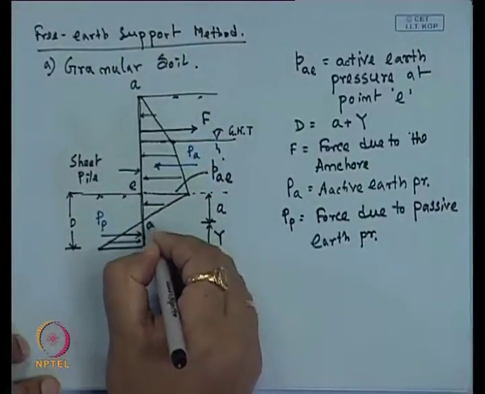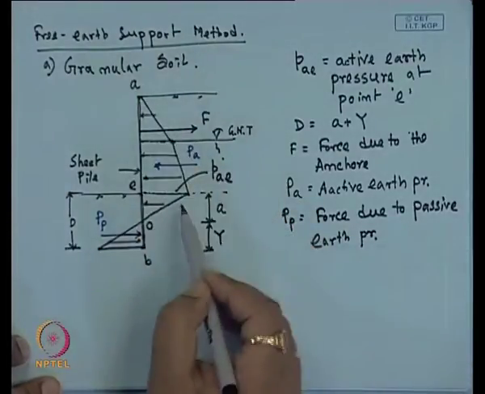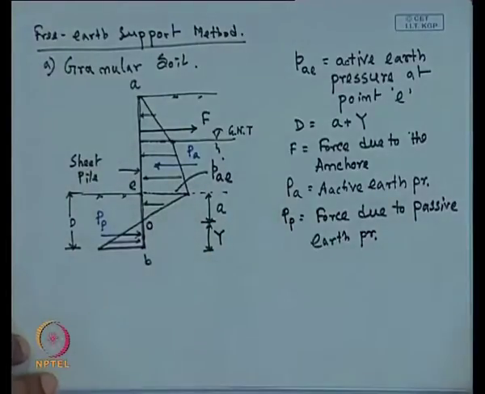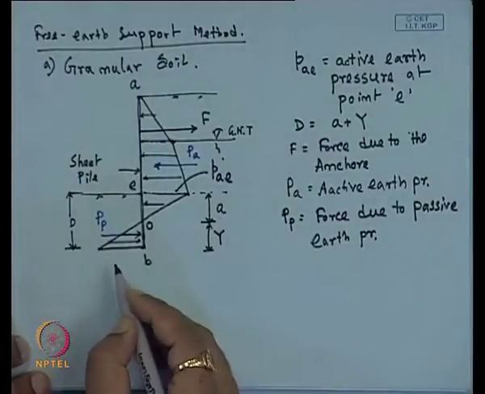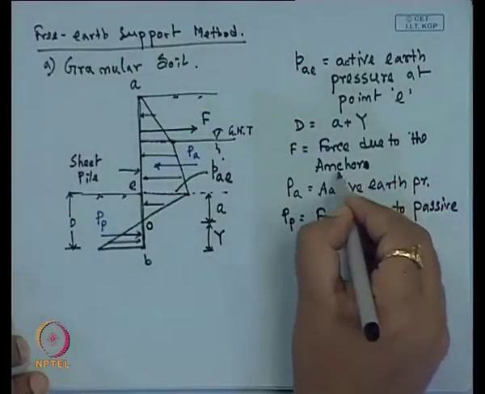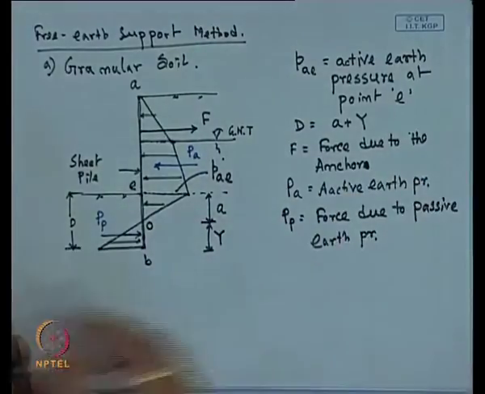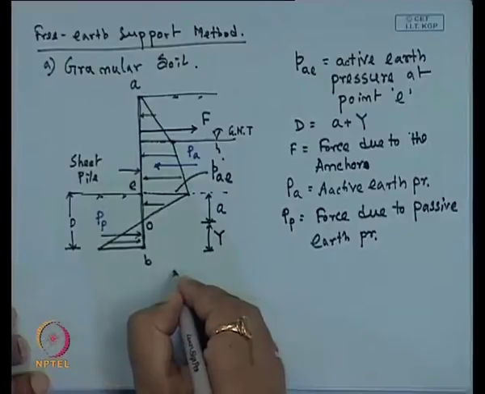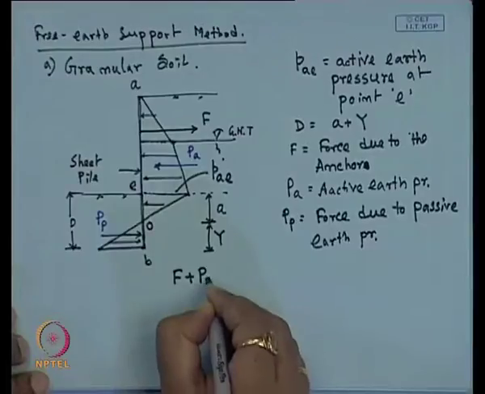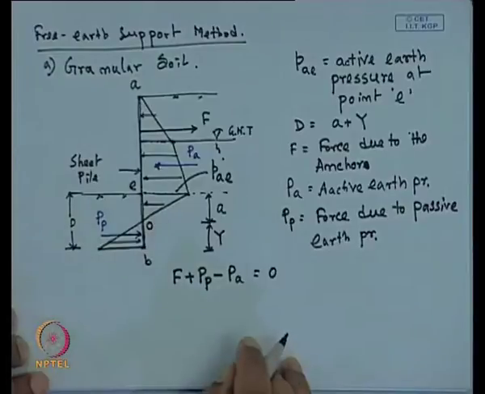If I consider this as O, one region is A, E, O, this region, that is P active, and another is O B, this region, this is P P. Now, this is the anchor rod force, the force due to the anchor, and now we can write that F plus P P minus P A is equal to 0.